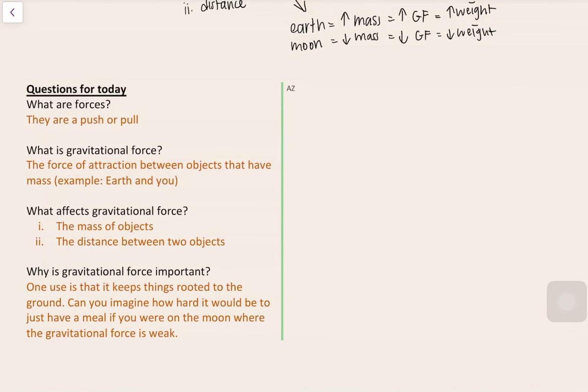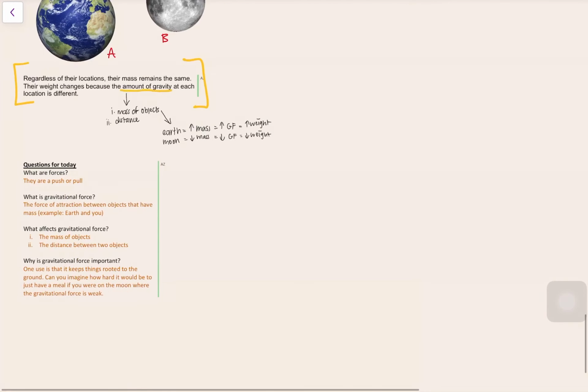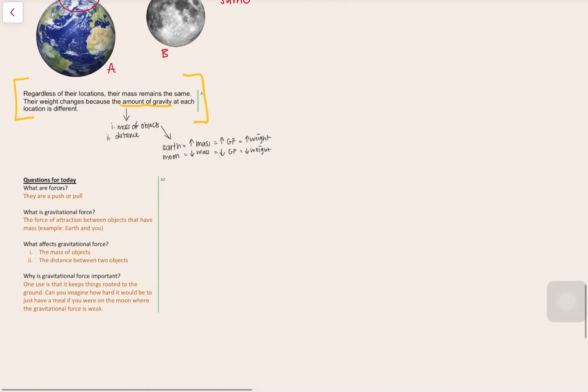One use is that it keeps things rooted to the ground. Can you imagine how hard it would be to have a meal if you are on the moon? The things that you are eating will be floating around, and it would honestly be very hard for you to eat.